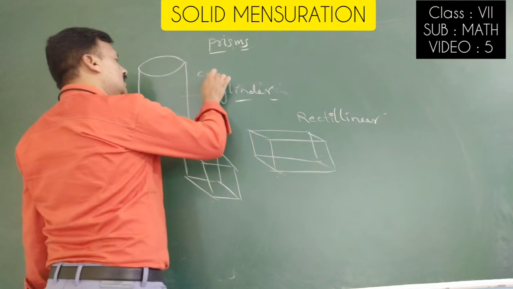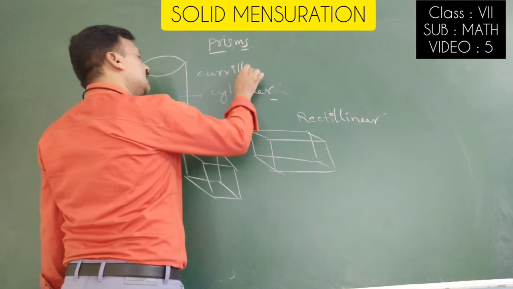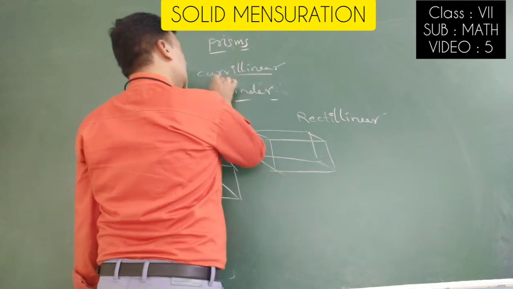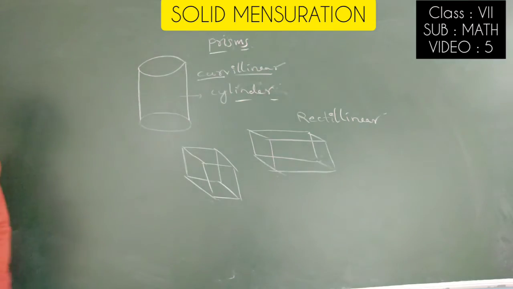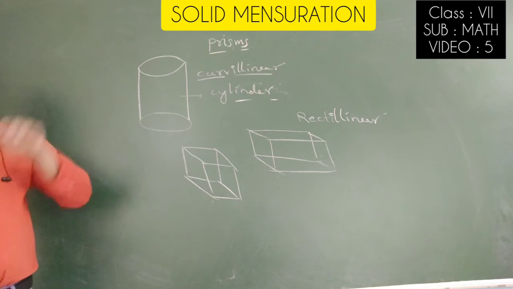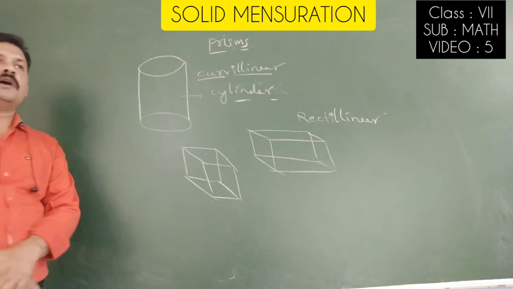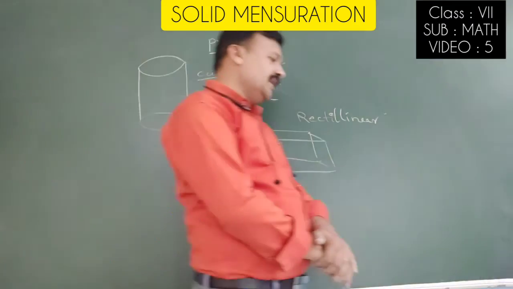The cylinder is a curvilinear figure. For a given solid figure, its base and top are the same figures.